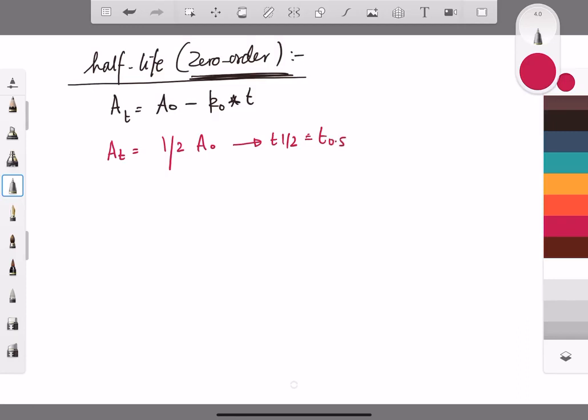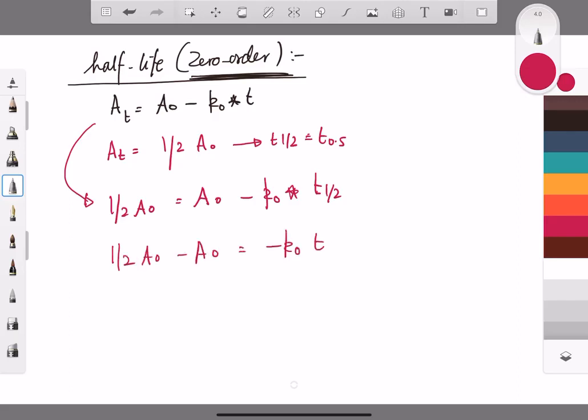So if you substitute, half A naught equals A naught minus K naught multiplied by the half-life, then you can have half A naught minus A naught equal to minus K naught times the half-life.